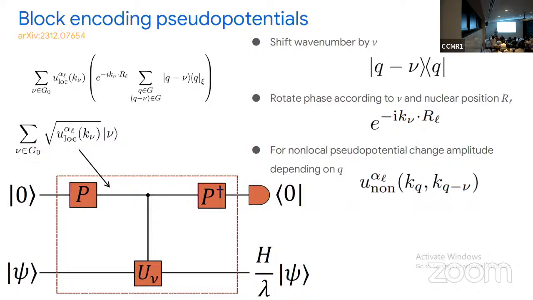So there are two layers of things which need a functional evaluation for the block encoding. So we're going to have a prepare which is giving us weights over nu, and another step which is giving us weights dependent on q. And what they try to do in the algorithm is to make this much simpler and bundle most of the complexity of preparing weights like this into this part with the non-local pseudopotential.